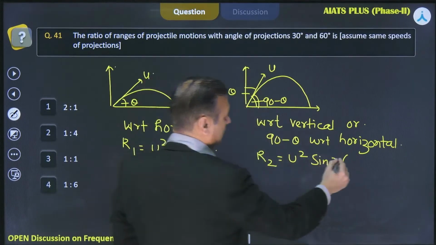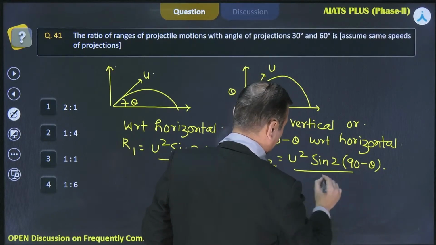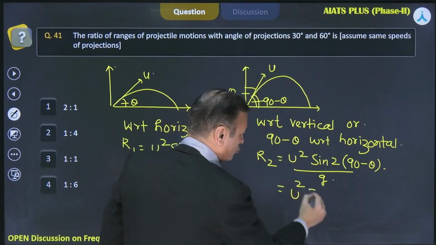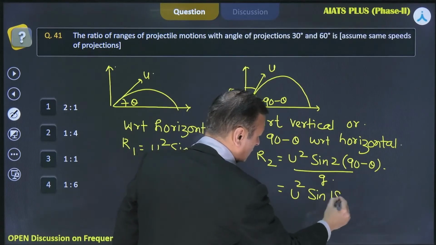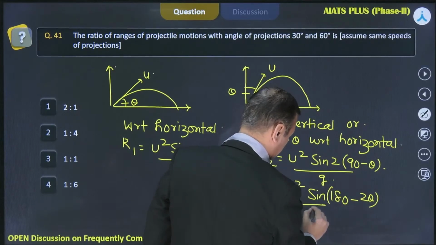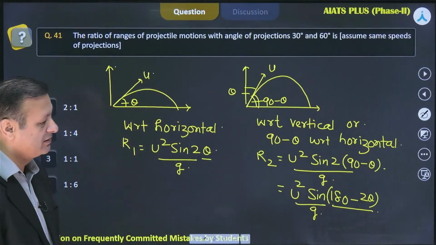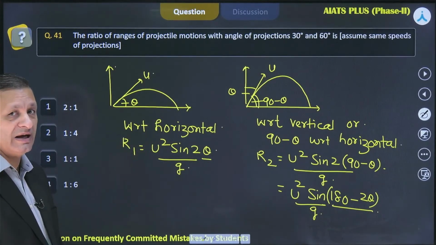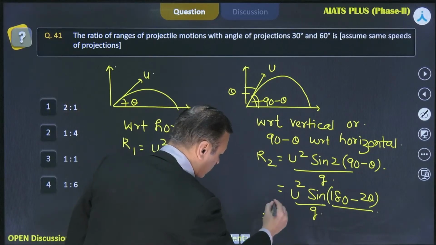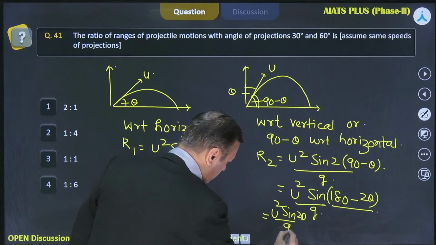But this time the angle with the horizontal is 90 minus theta, and this gives you u square sine (180 minus 2 theta) by g. And in trigonometry, we understand sine (180 minus 2 theta) as sine 2 theta only. So this also gives you u square sine 2 theta by g.